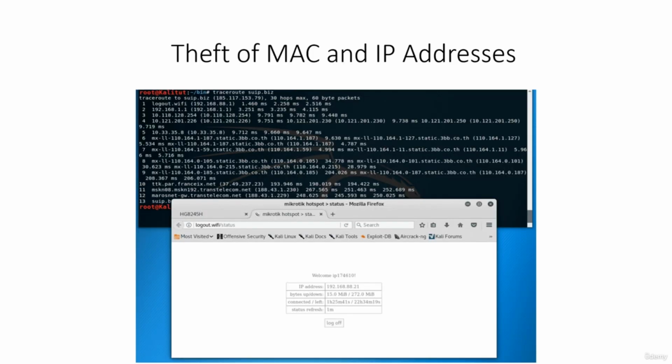Now that we understand the principles on which the captive portal works, the weak points are clearly visible. The first method of circumventing the captive portal is the theft of MAC and IP addresses. It is a method that uses the hack captive portal script.